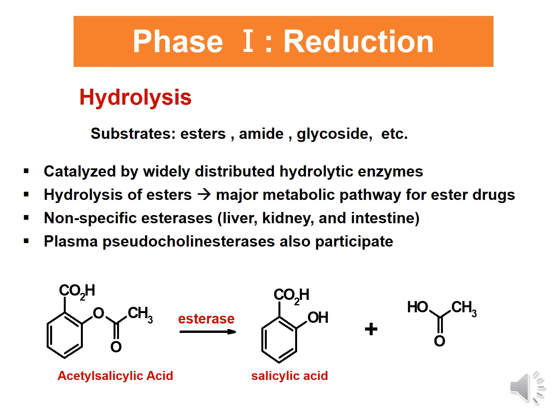Liver, kidney, and intestine contain non-specific esterases. Plasma pseudocholinesterases also participate. You can see acetylsalicylic acid converted by esterase to salicylic acid.